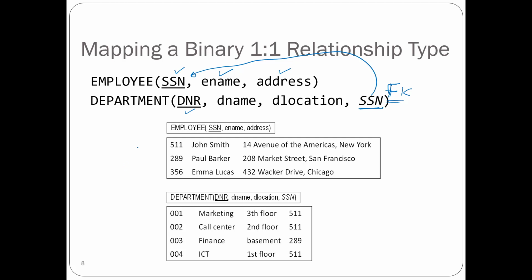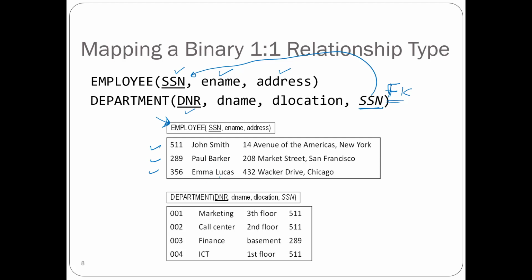Now with this kind of mapping we will evaluate how many cardinalities this implementation of mapping is satisfying. As we did in the previous slide, we will try something similar. Here we have some tuples, and there are three tuples that you see at the top. These three tuples correspond to the employee relation: social security number, the name, and the address. John Smith, Paula Barker, and Emma Lucas.